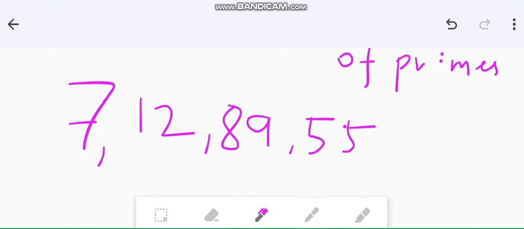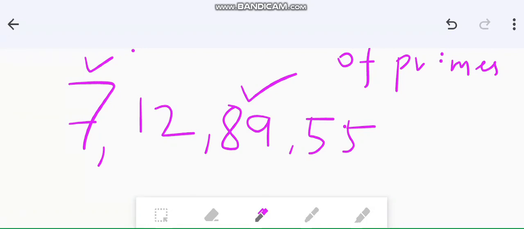So this one is a prime and this one is a prime, right? Because 7 doesn't have any divisor except plus minus 1 and plus minus 7. The same goes for 89. Why I'm telling it, because 89 is neither divisible by 3 or 2 or any such primes. We will know a lot about the divisibility of primes later in the video.